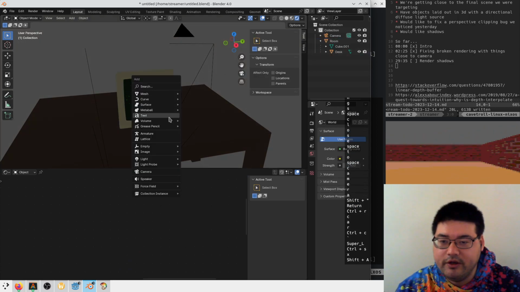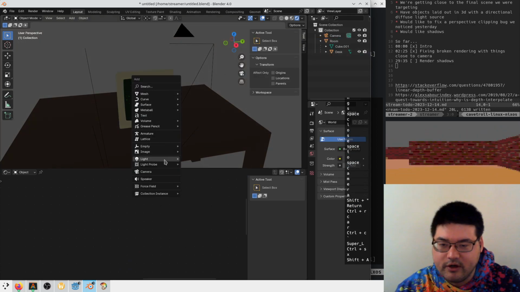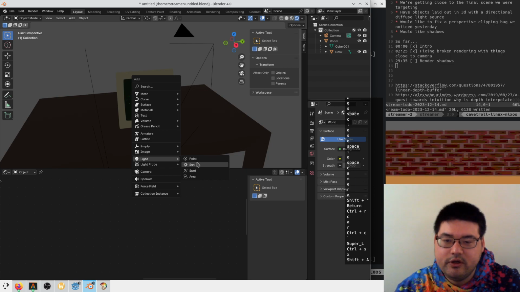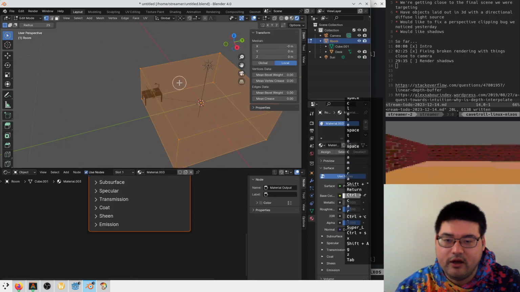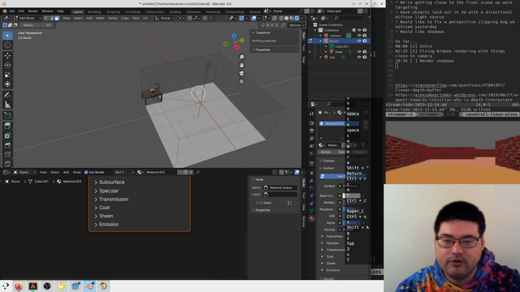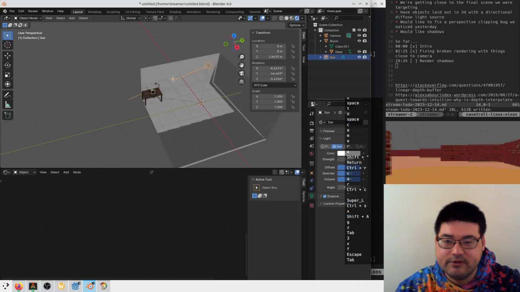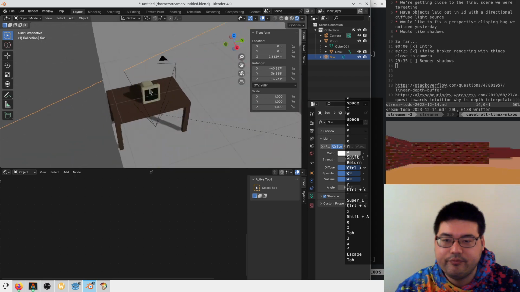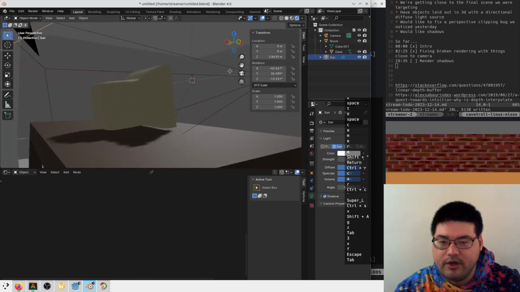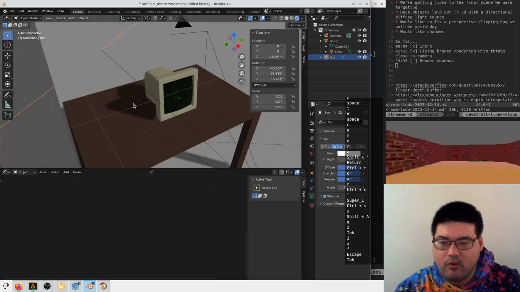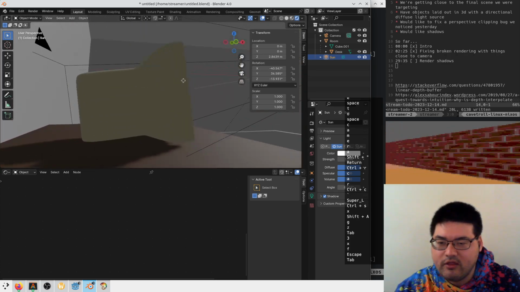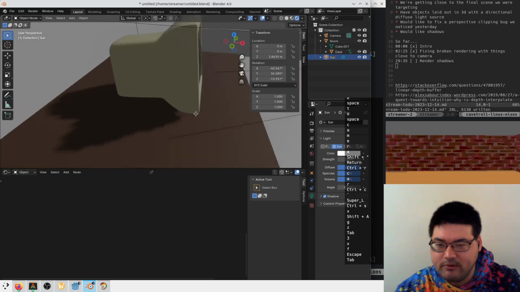Let's make one directional light like we have in our OpenGL world. I think the sun acts like a directional light, and I think that if I delete this, here we go, nice, and I can cast a shadow. Essentially, what we need to do is know what is blocking that light from hitting this table, right?